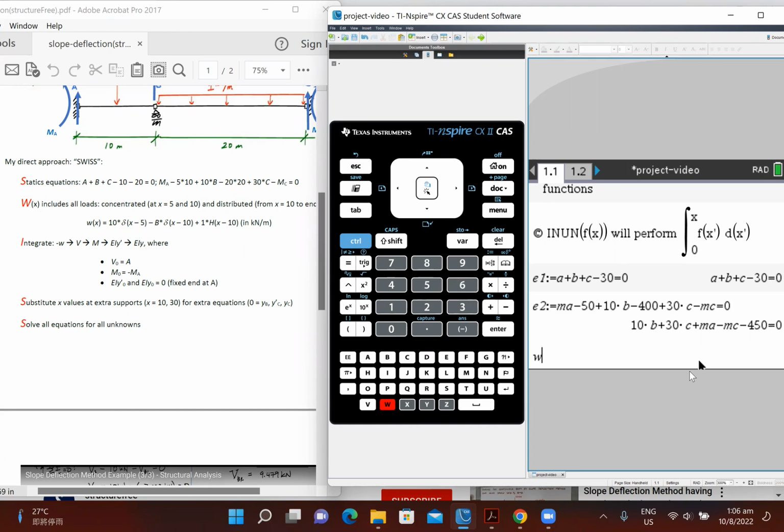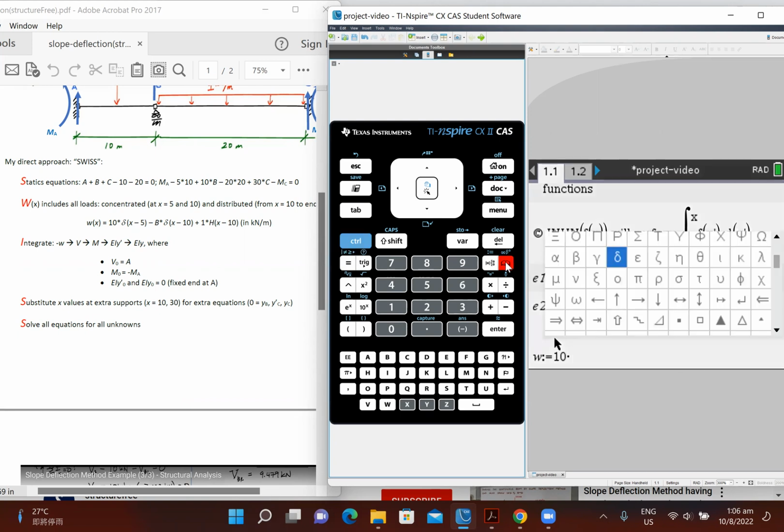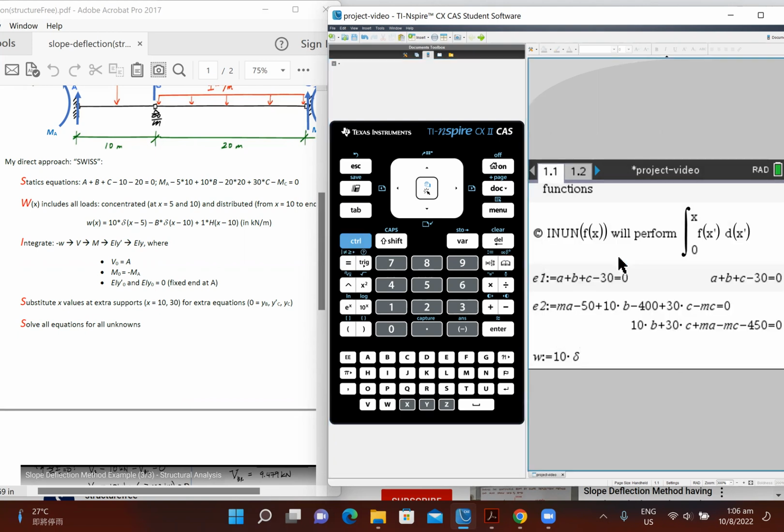So now I input my loading, W, colon equal to 10 times a delta function. You find the delta symbol by pressing Control and this book key. It's 10 units happening at 5 meters. So that's how we write it as a delta function, minus the unknown B times another delta function.